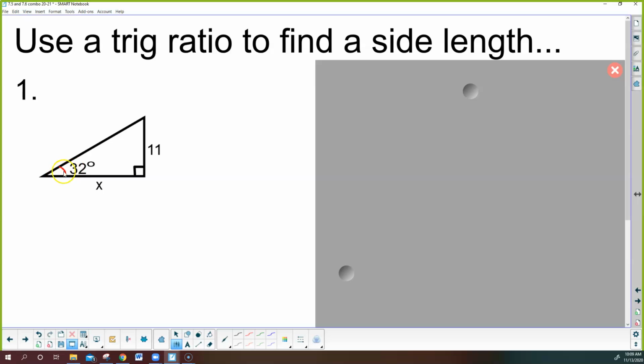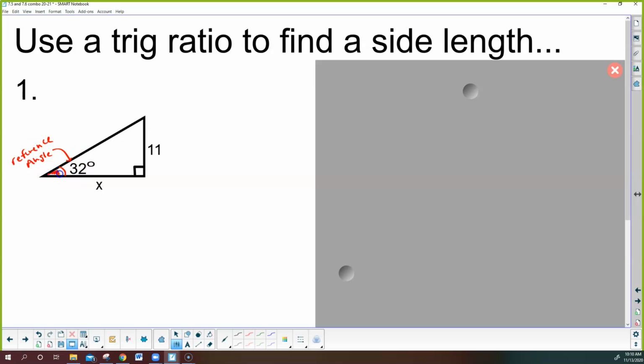This is my reference angle. Okay, and let me know, I'm going to go a little slower because I want you to write this down, but if you need more time, if you need clarification, let me know because this is super important stuff right here. All right, so let's see.